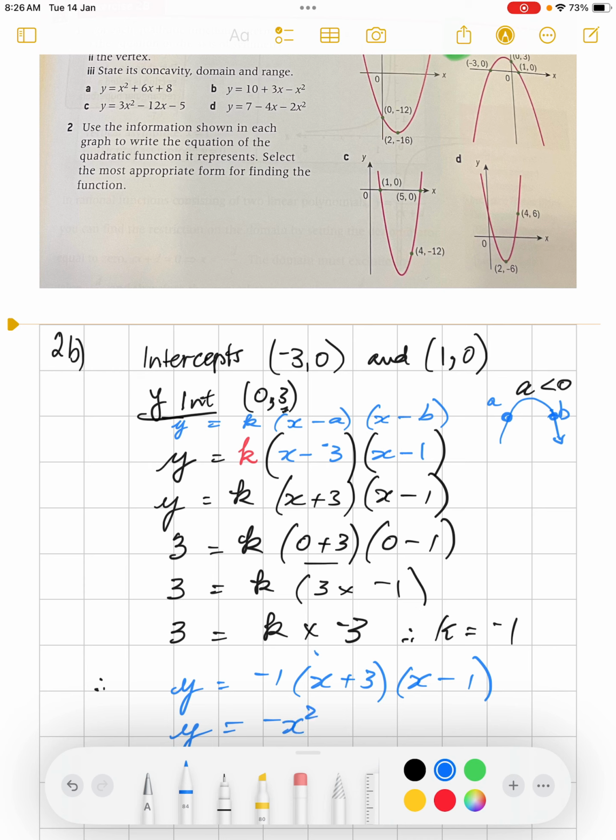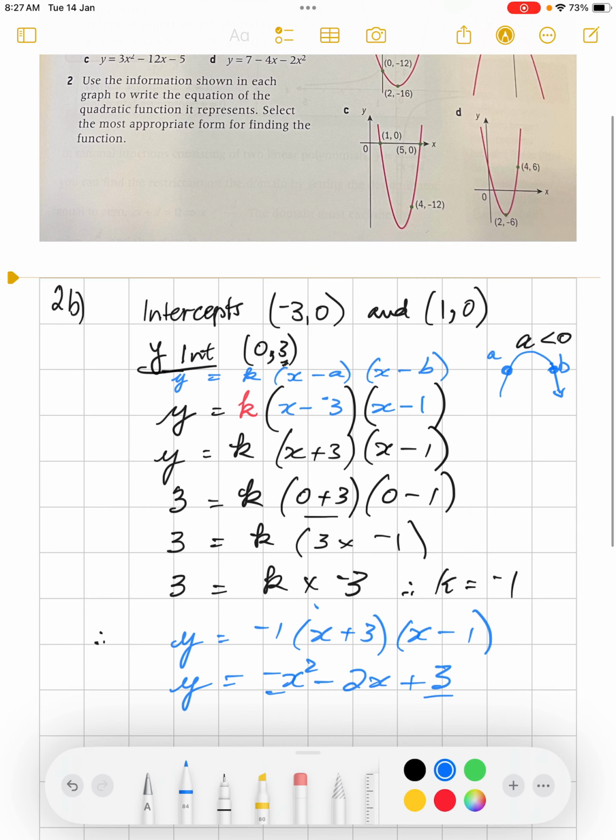Negative x squared minus 2x plus 3. And so there is the equation written out. It shows that it's crossing the y-axis at 3, it's concave down, and it turns on the left hand side of the axis.